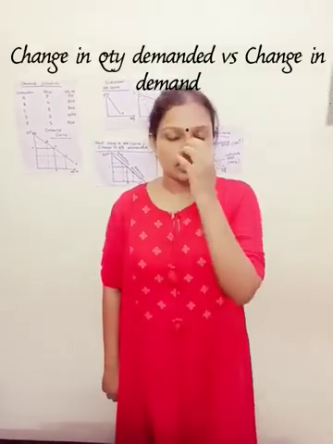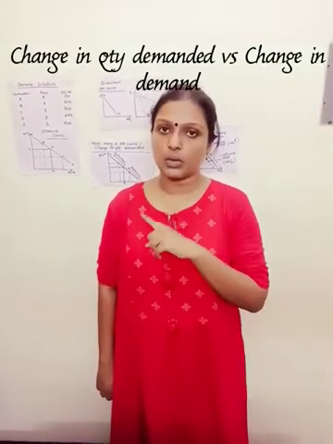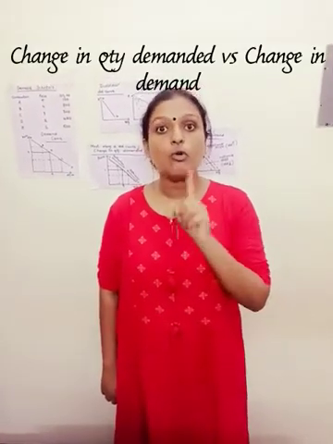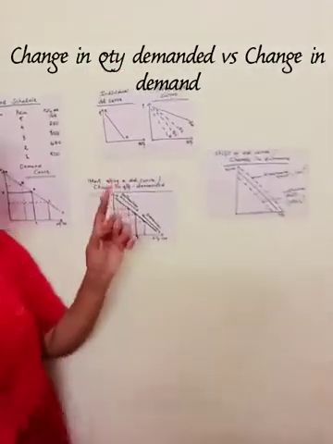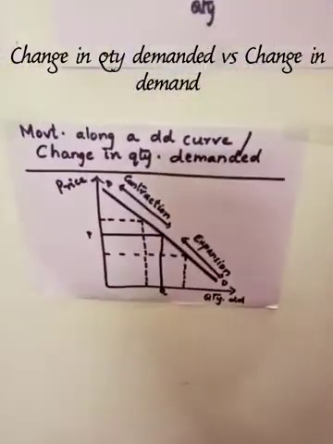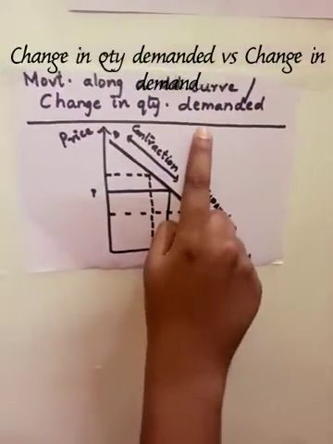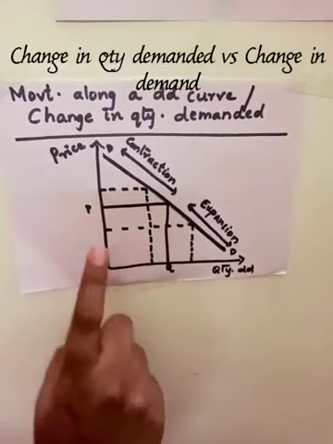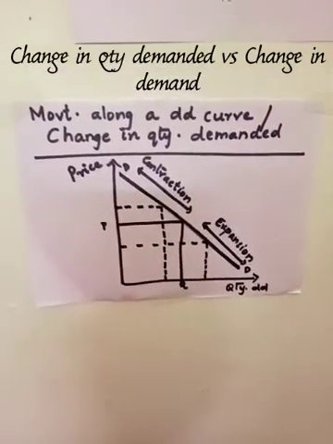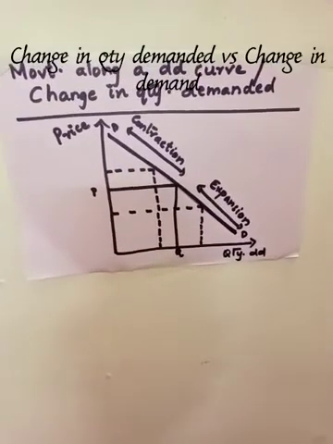Okay, so change in quantity demanded, we are moving on to change in quantity demanded or movement along a demand curve. See here, movement along a demand curve or change in quantity demanded, here we represent this in a single demand curve, or here you can say that only the price of the commodity changes, all other factors remain the same.